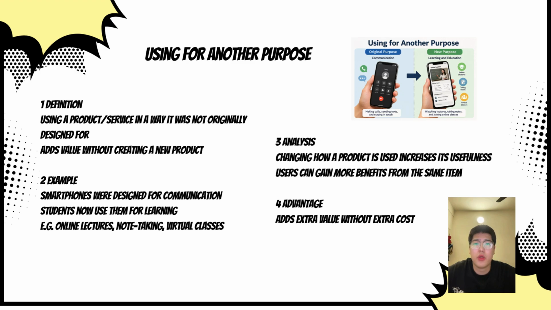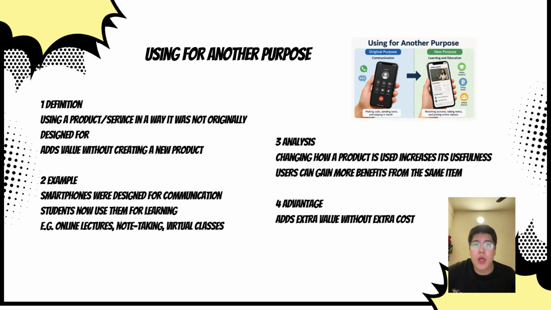For example, smartphones were originally made for communication like calling and texting. That was their main function in the past, but today many students use their phones for study. They can watch online lectures anytime, anywhere. They can take photos and take notes using apps instead of writing on paper.